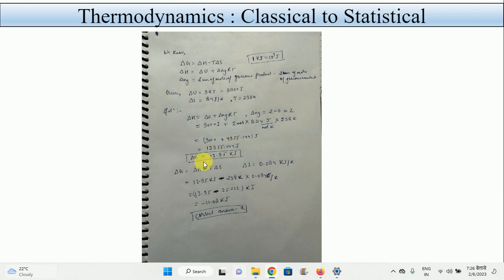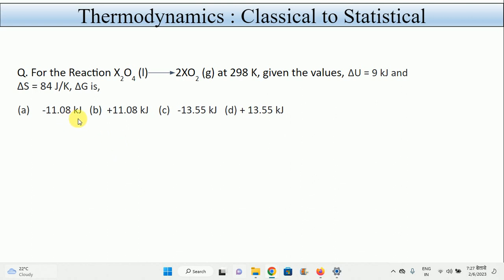By solving this, we get delta H equal to 13.95 kilojoule, and delta G is equal to delta H minus T delta S, where delta S is 84 joule per Kelvin. By converting into kilojoule and combining these quantities, we get minus 11.08 kilojoule. This is option A.